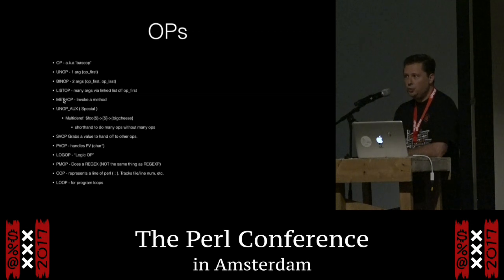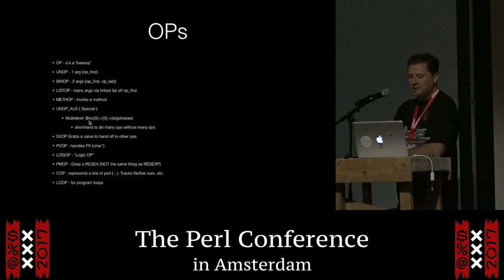Its job is, based on the arguments passed to it, to figure out which subroutine or which package this subroutine you're looking for lives in. And then you also have unop_aux, which at the moment I think has an additional use, but the major use for it right now is multideref.